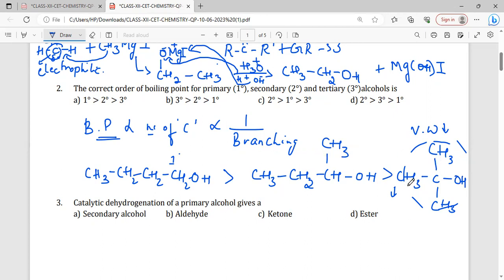Because as the branching increases, the surface area decreases, the van der Waals force of attraction decreases and the boiling point also decreases. So I think the correct option is A.